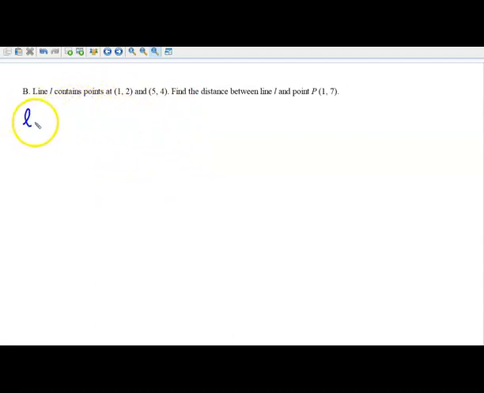So let's find out first of all what the equation for line L would be. So we do the slope formula. 4 minus 2 is 2. That's the difference between the y's. And then 5 minus 1 is 4. We reduce, and we get a slope of 1/2. And now let's pick one of these points to use to come up with the equation. I'll just go with this one.